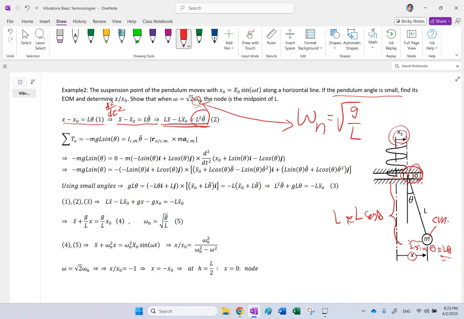When that point is an arbitrary point, you cannot simply say the sum of moments about O is I about O times theta double dot, because O is not a fixed point and it's not the centroid. The equation that you have to use is to say the sum of the moments about O, or torque about O, is equal to I about the centroid times alpha minus R of O with respect to Cm cross m a Cm.